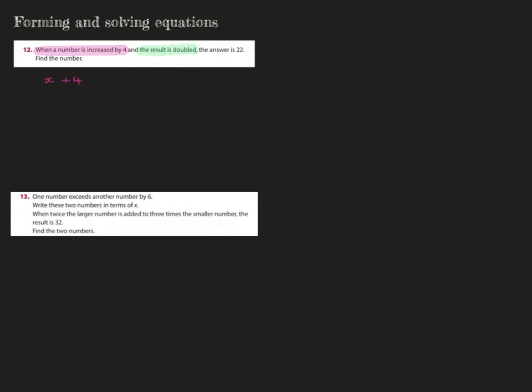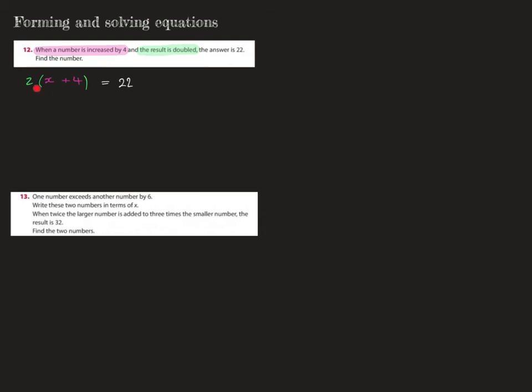So that means that whatever I had there is being doubled. So this here is being doubled. How I double it is I times it by 2. And the answer is 22. It will equal 22. Okay. So that's the equation formed.